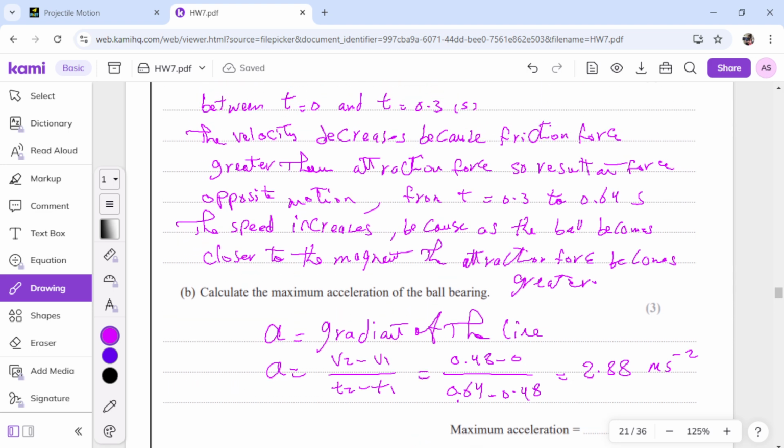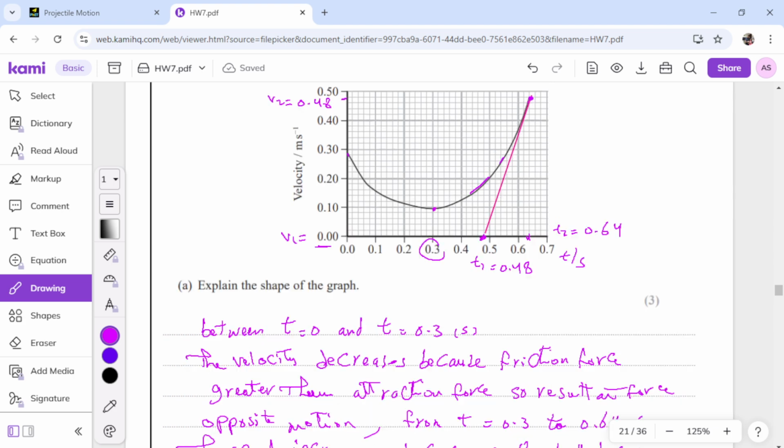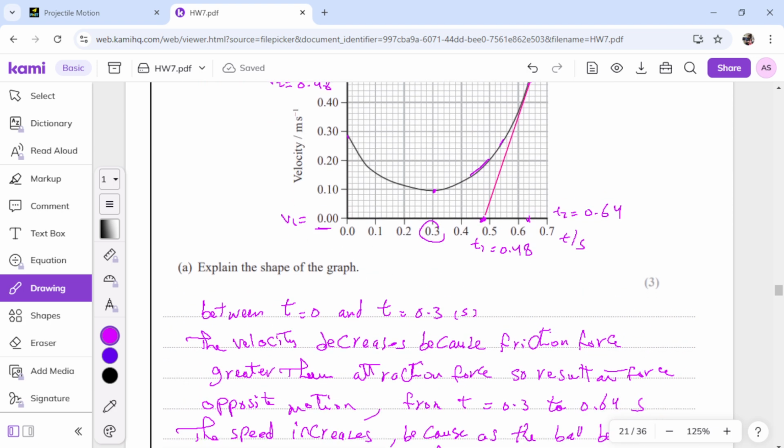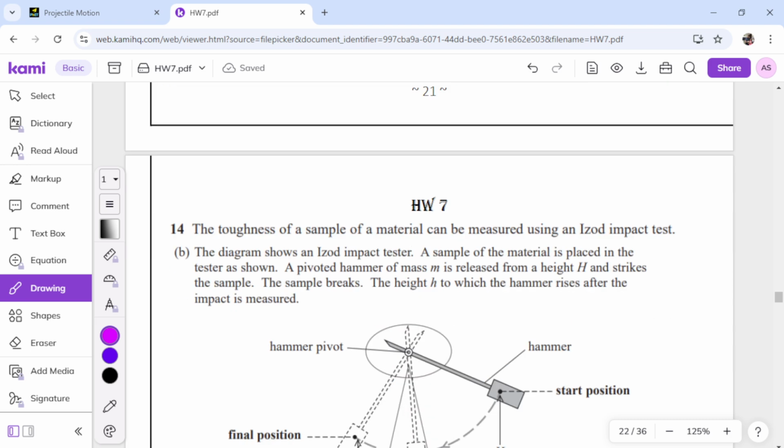We have to look at how many significant figures we have. We have 2 significant figures, in fact, so we write it as 2.9 meter second minus 2. This is the maximum acceleration.